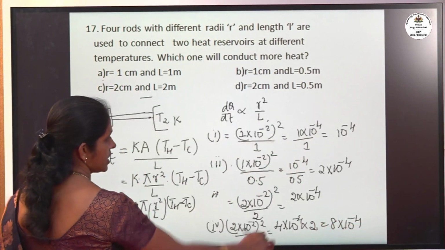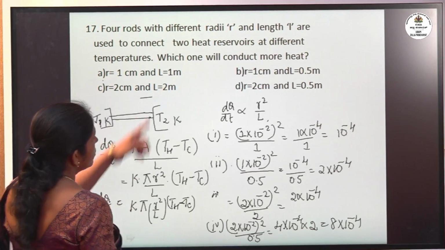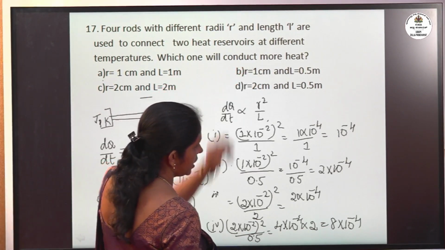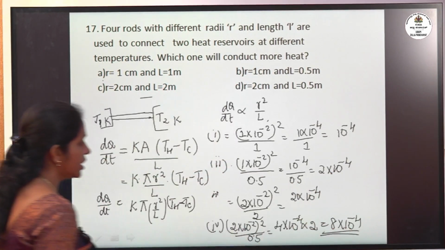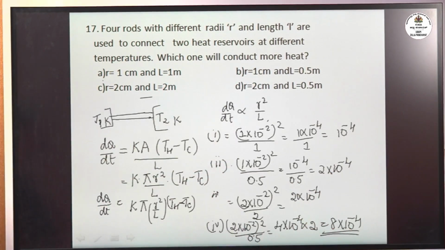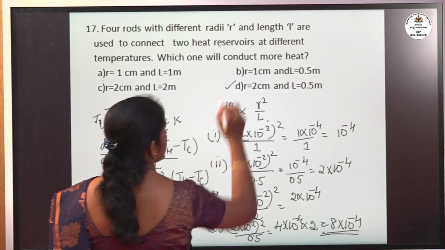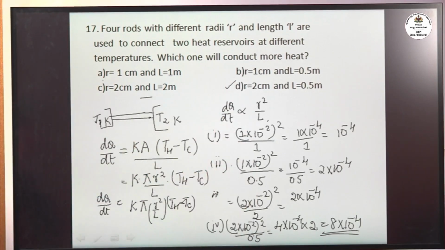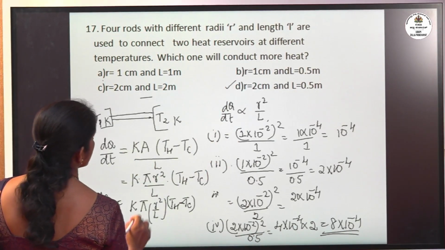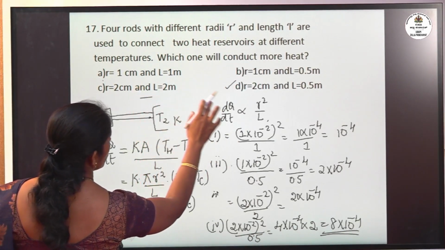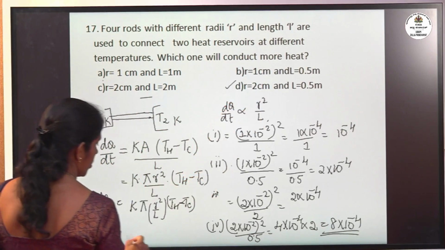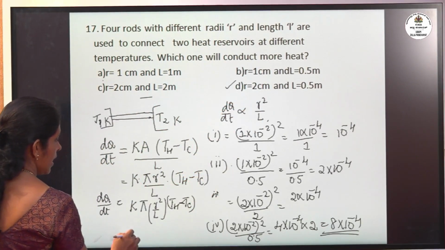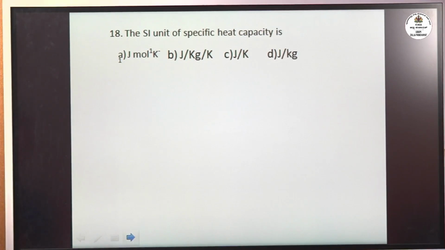Compare all these answers. Which one will conduct more heat? Option D, dQ by dt is more for option D, therefore D is the correct answer. The rod having radius 2 centimeter and length 0.5 meter has more conductivity.